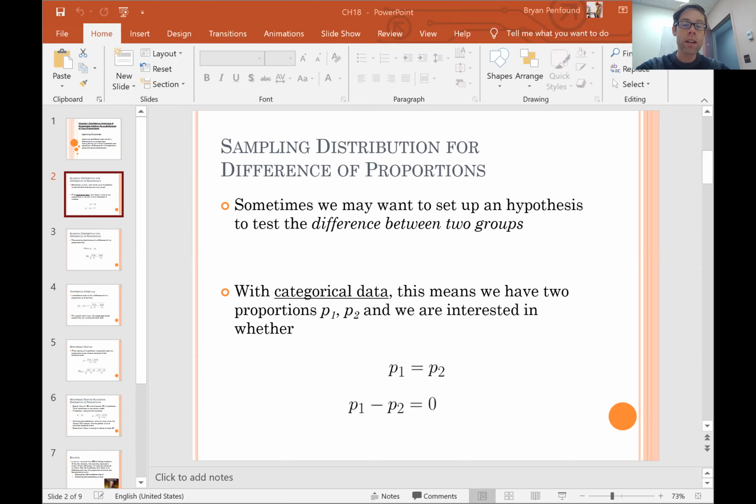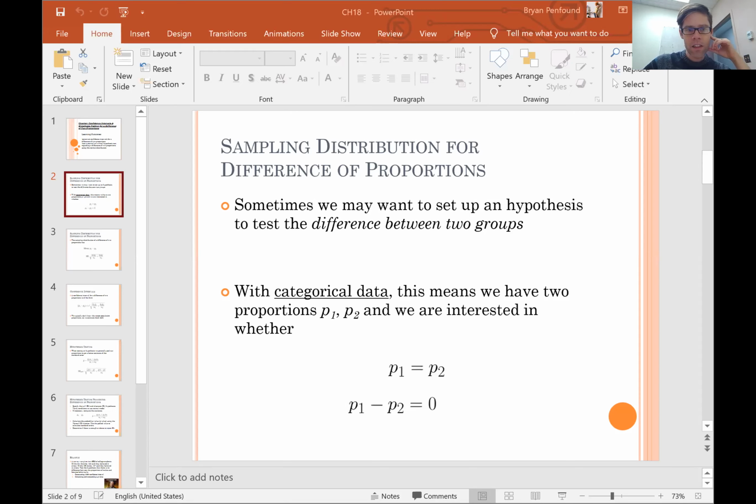And we take P1 minus P2 equals 0 as the center point of the sampling distribution that we're going to be using to compare these 2 groups. Okay, so that's a key thing here. Because the null hypothesis is no change, we're going to take the null hypothesis essentially to be that these 2 subgroups have the same proportion, that there's no difference between the subgroups. So that's where we start with the sampling distribution.